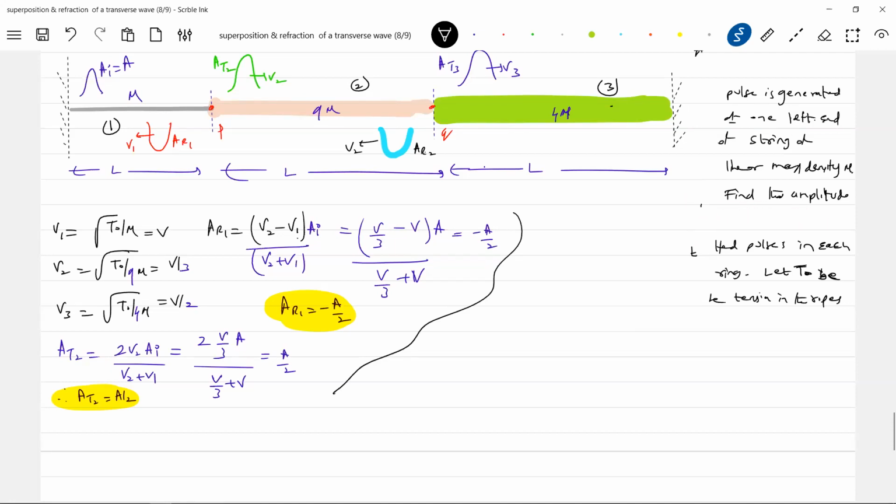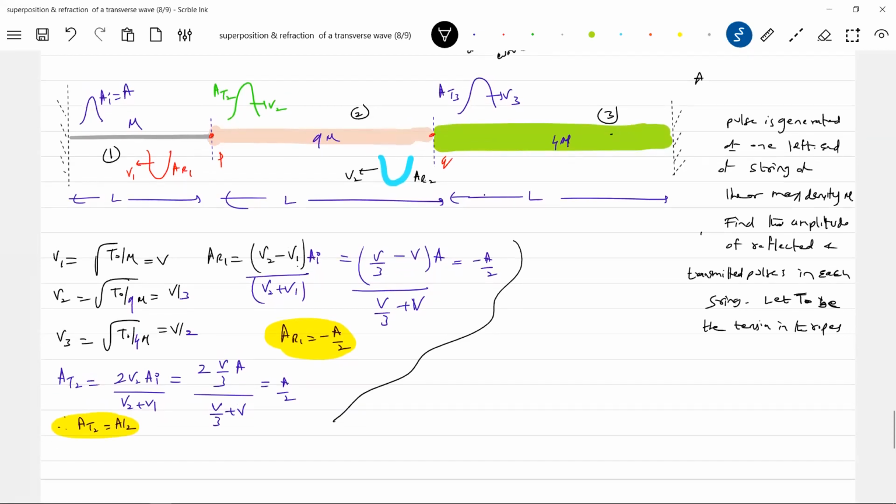Find the amplitude in each string. Now look at the diagram, and we'll calculate the other things also. First, we'll go for the value of AR2. What should be AR2?